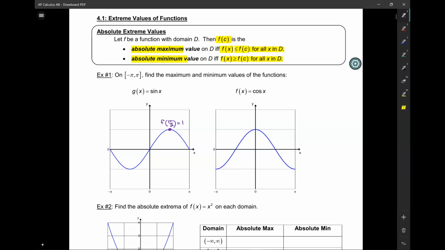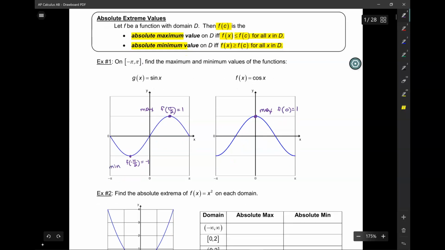All right, and so this is the maximum, and so the minimum then is this point, and we say f of negative pi over 2 is equal to negative 1. All right, so that's the minimum. Here, we have a maximum at 0, so f of 0 is equal to 1.